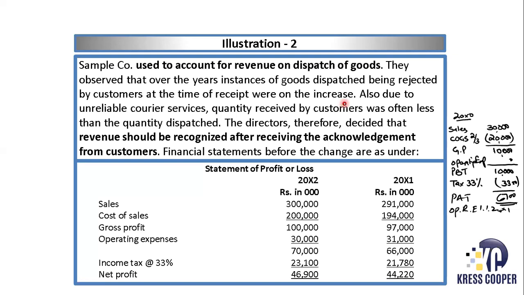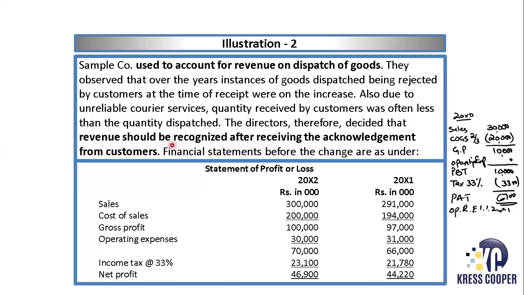So the sales revenue would obviously be reduced because of such change in accounting policy. Also, due to unreliable courier services, quantity received by customers was often less than the quantity dispatched. The directors therefore decided the revenue should be recognized after receiving the acknowledgement.